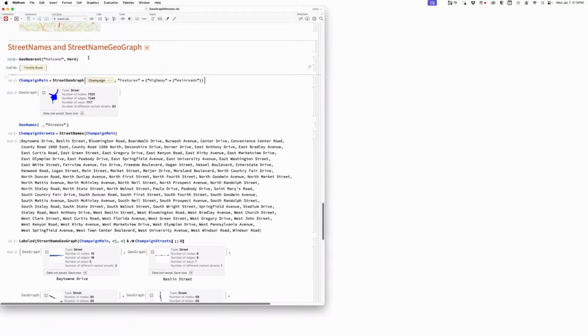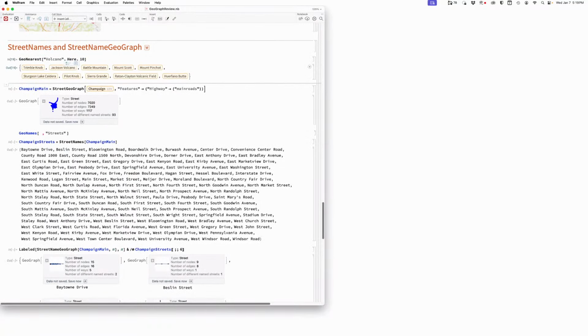Wherever that is. Those are points, right? Or maybe regions. Right, volcanoes are points.